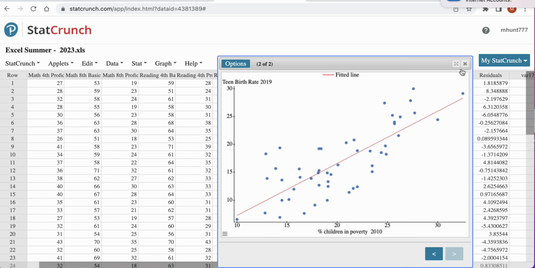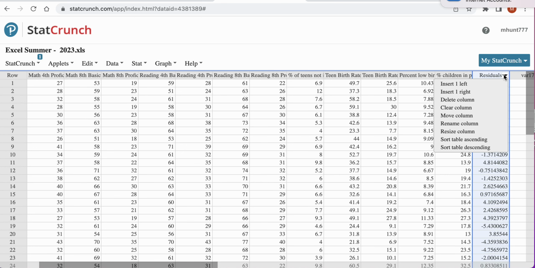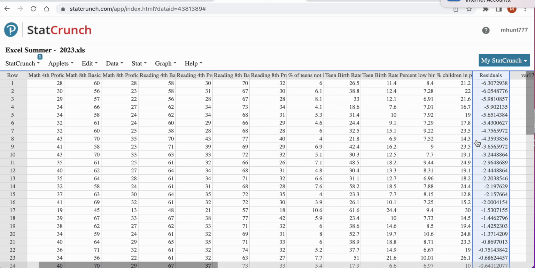So we're going to X out of this, and we're going to take a peek at the residuals. And I believe the assignment asked you for the most negative residual. So we are going to sort the table in ascending order. So there is the most negative residual.